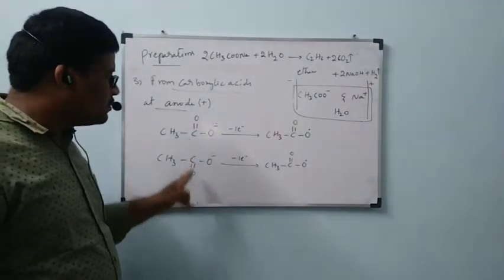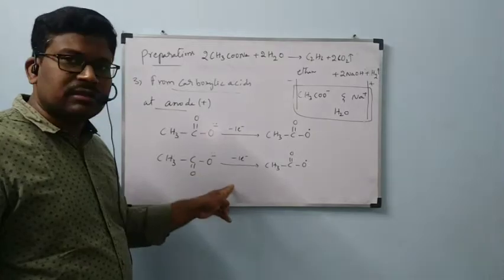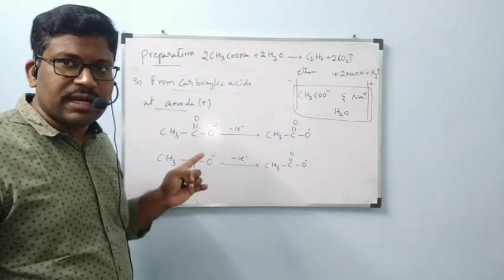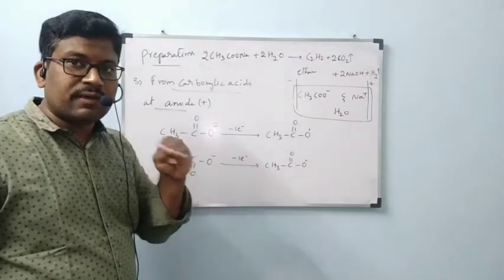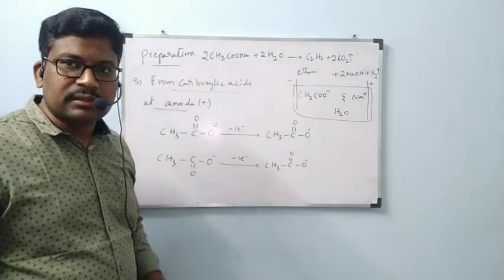See, 2 moles will give 1 electron each to the anode because they are rich of electrons. That's why it got negative charge. Okay, they will reach towards the anode and donate 1 electron to form this type of free radicals.